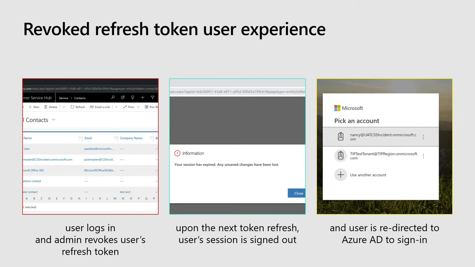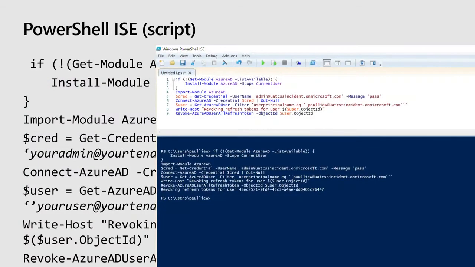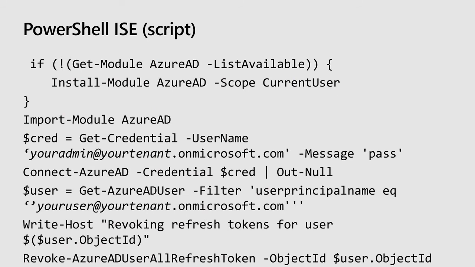Is it done across all machines? If I log in from 3 different machines, is this script going to log me out from all machines? Okay, the question is, if I log into 3 different machines, is this script going to remove me from all 3 machines? The answer is yes. The script essentially says remove all. If you look at it closely, it says revoke user all refresh tokens.